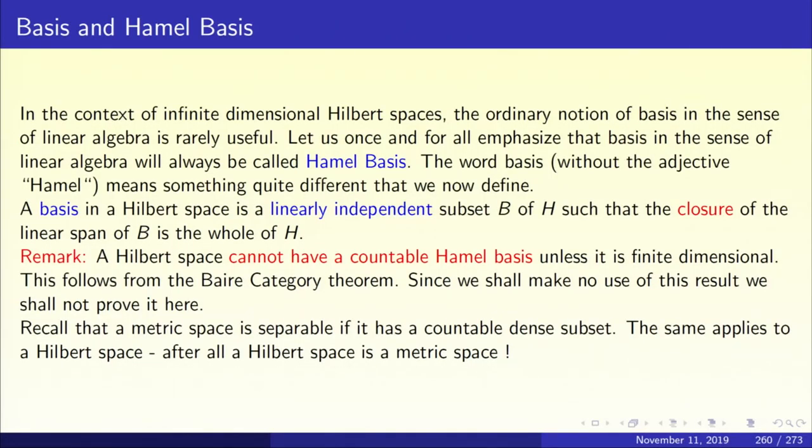In linear algebra, you take a linearly independent set, take its linear span, and you don't take the closure. That's the difference. Without taking the closure, if you get the whole space, then you call it a basis in linear algebra, or a Hamel basis: a linearly independent subset of H whose linear span is H. But without the adjective Hamel, if we call something a basis, then it must be linearly independent and the closure of its linear span must be the whole space. We'll continue this next time.